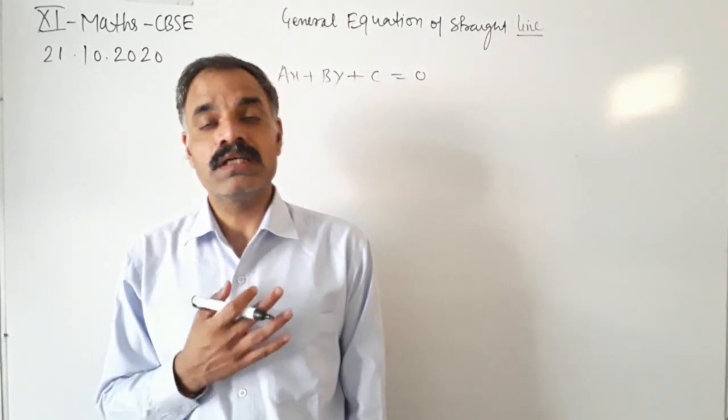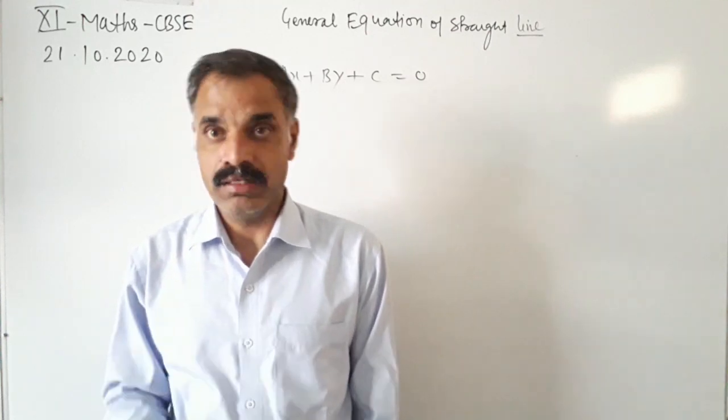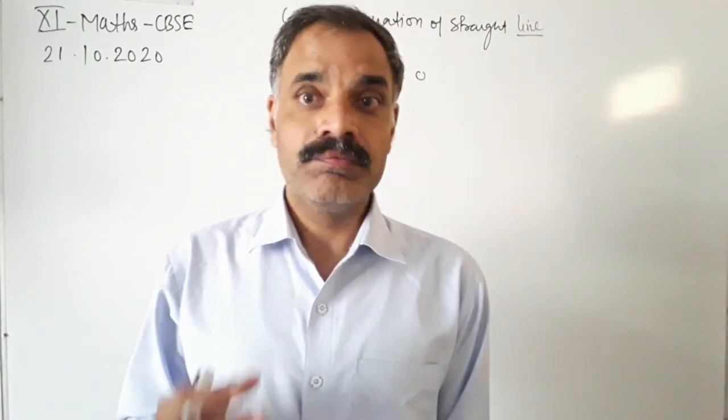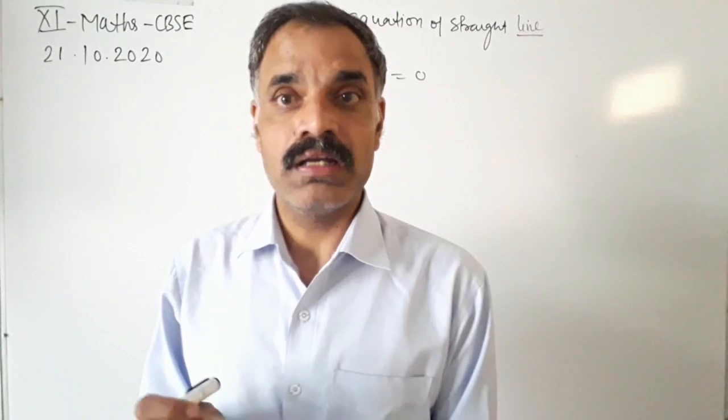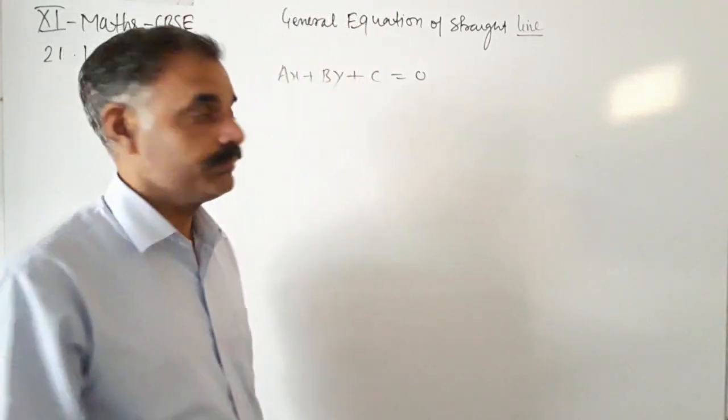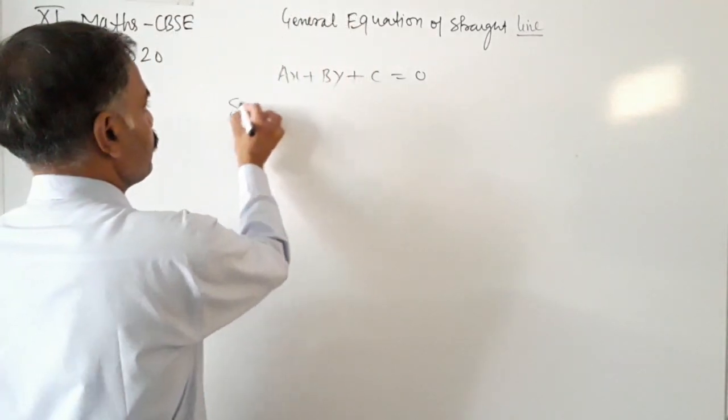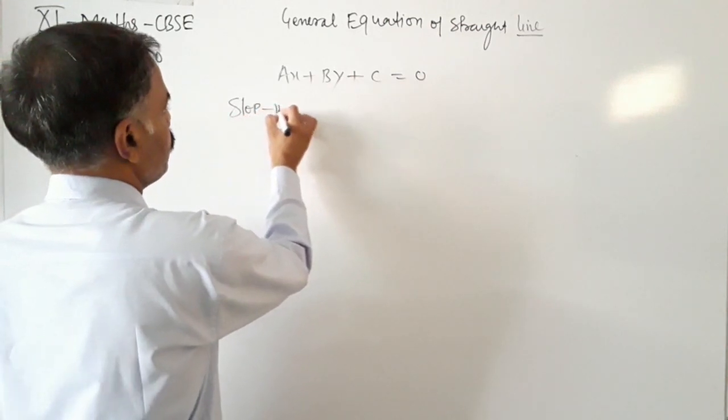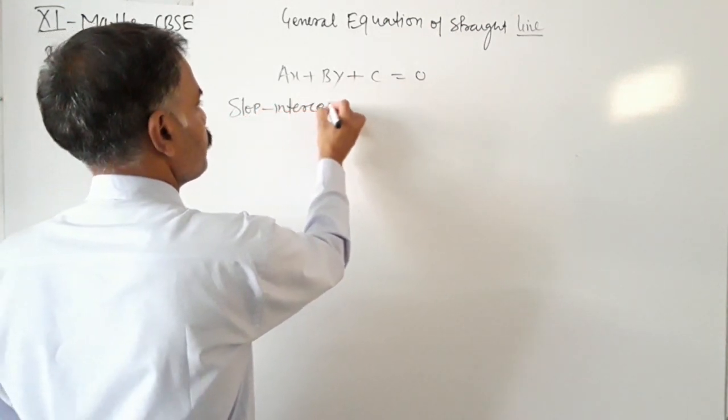Now we will convert this general equation of the line into slope intercept form.